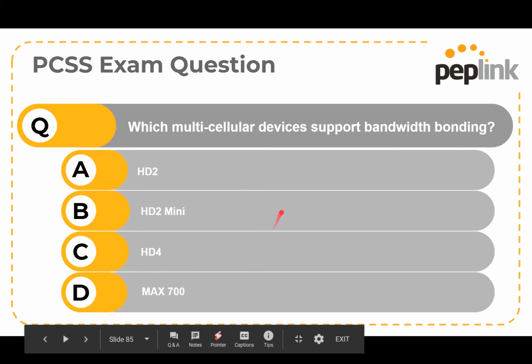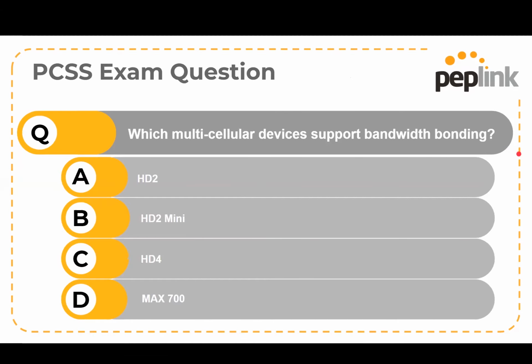So now's a good time for a question. Which multicellular devices support bandwidth bonding? HD2, HD2 Mini, HD4, Max 700. I'll give you an option: Option E, all of the above.